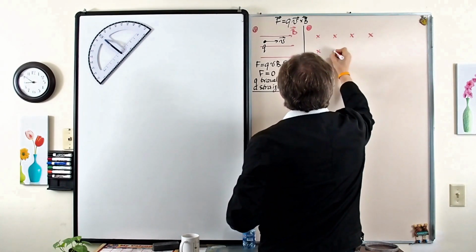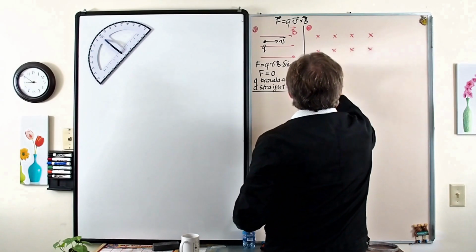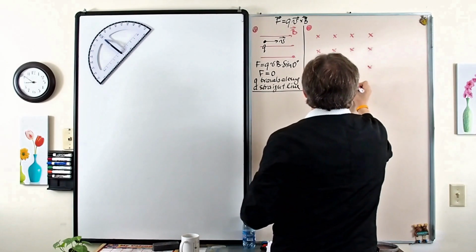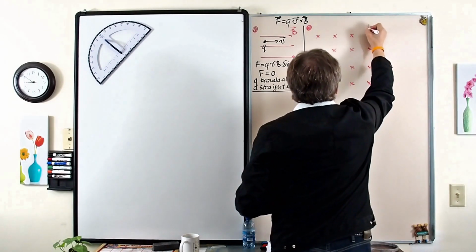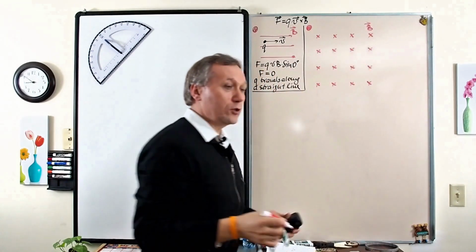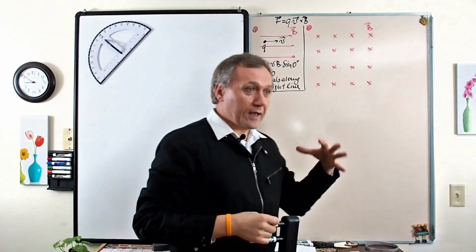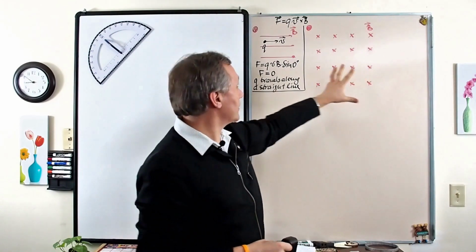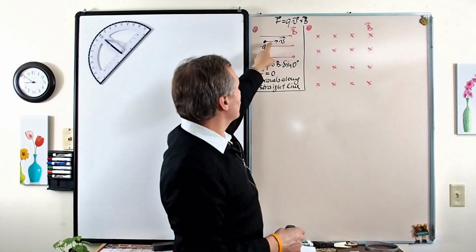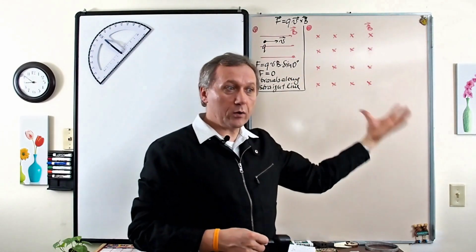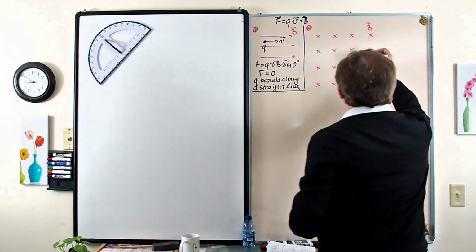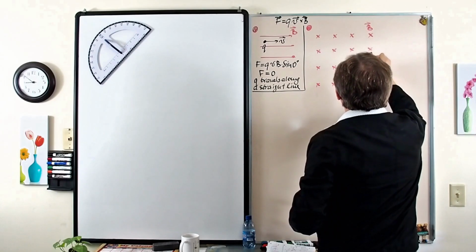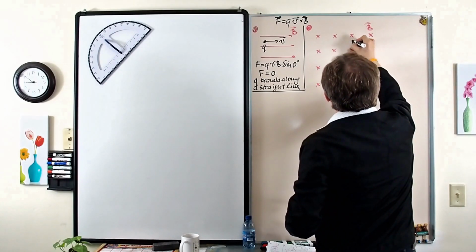So these are our magnetic field lines. That's B, into the board. And now our particle is going to travel perpendicular to these magnetic field lines. Again, here the charge travels along the magnetic field lines. Now let's assume the charge travels perpendicular to the magnetic field lines. For example, we have charge Q here and it travels this way.